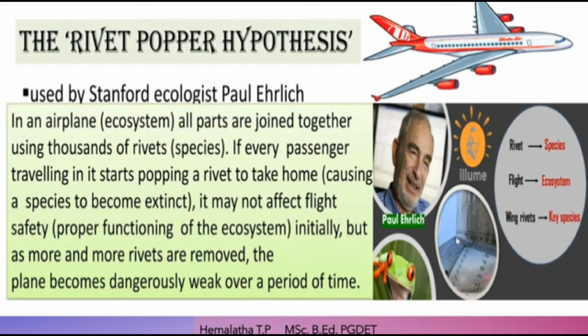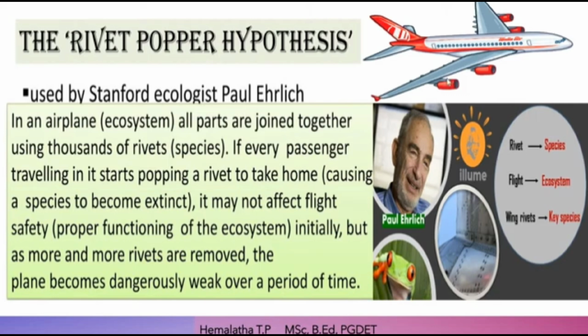What if one rivet of this aeroplane falls? Do you think any much difference will be there in the plane? Nothing. Because by loss of one small rivet, there will be no much difference in the plane. So the plane can fly as it is in the air. Suppose it is continuously happening like this, one by one, whatever rivet is there is falling or getting lost, then finally, definitely it will affect the complete plane, isn't it?